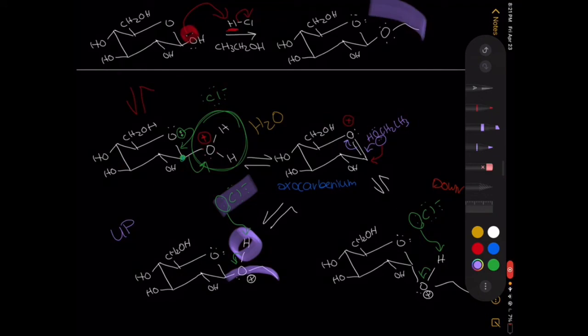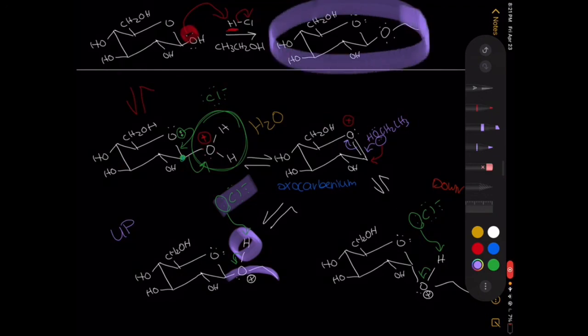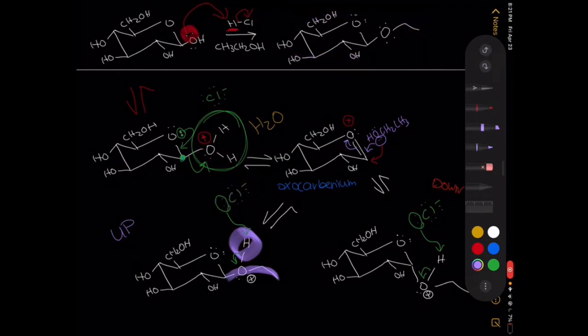Well, it's basically going to look like this one right here. All right. So we have here up and down. All right, so let's see what would be the final two products.